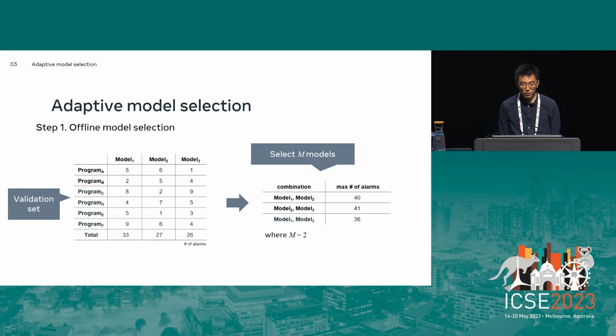In this example, M is 2. For all combinations of the two models, we compute the maximum number of alarms, which denotes a kind of coverage, instead of just the summation of the alarms. Then we choose the best combination that covers the most alarms.